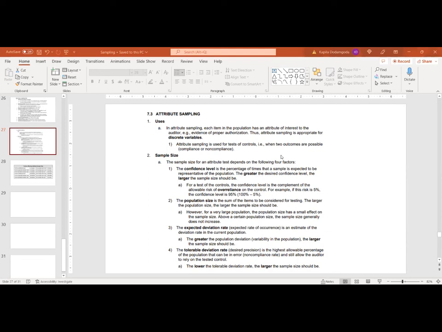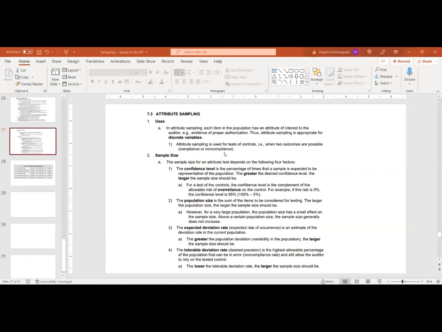In attribute sampling, we are trying to look at a particular attribute, a particular characteristic: overdue or not, authorized or not, properly approved or not, collected on time or not, obsolete item or not, write-off items or not, inaccurate data entry document or correct data entry document. That is an attribute that we are trying to look at here, right?